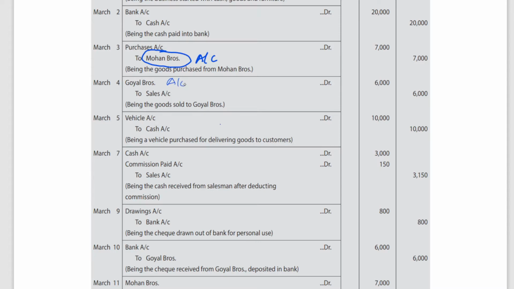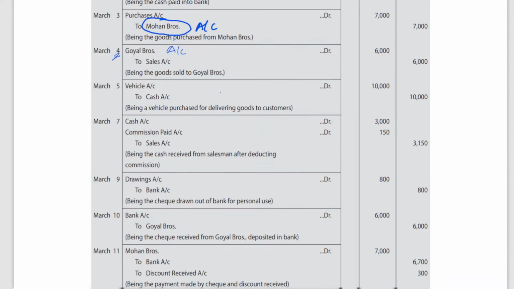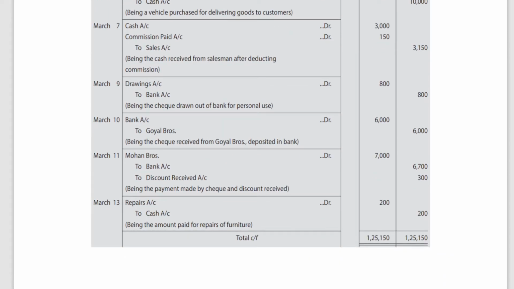The word account is not written after a personal account. After any personal account, that account is not written. Only the company name or the person's name is written. This is not the person's account we are maintaining.